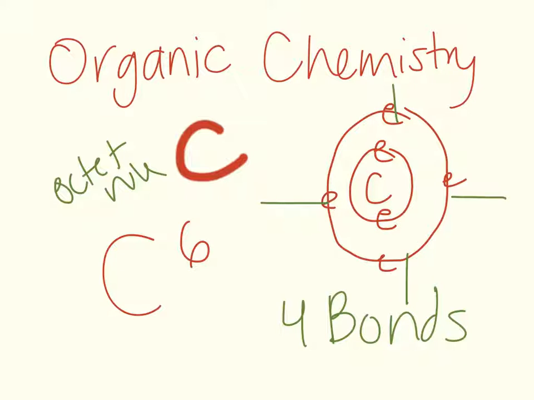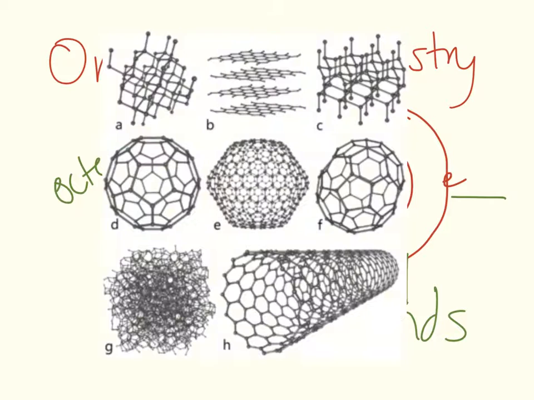This means that carbon can form all sorts of different types of shapes and structures. These are some of the structures carbon can form, the more complicated ones. You can see it can form structures like cubes, it can form sheets, it can form lines, it can form grids, it can form pentagons, or it can form hexagons. It can form all sorts of different things.